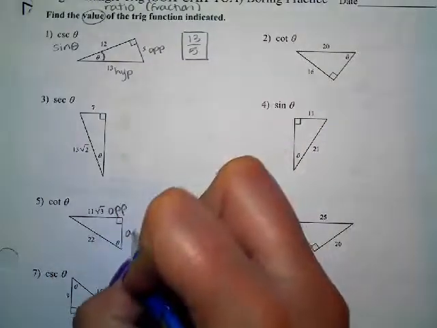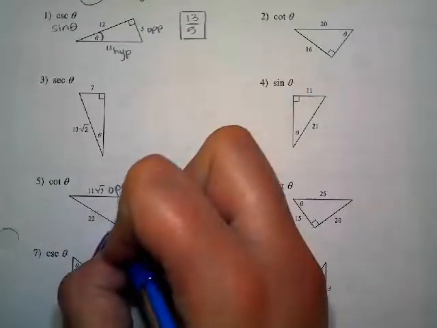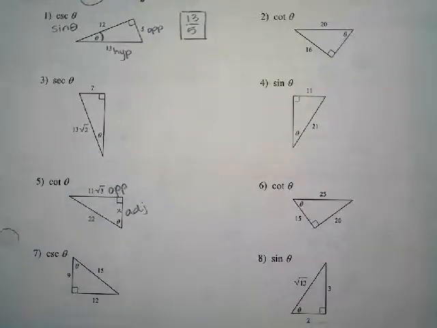I'm going to go ahead and label that as x, and then how are we going to solve for the adjacent side? We're going to do the Pythagorean theorem, so 11 root 3 squared, yeah.